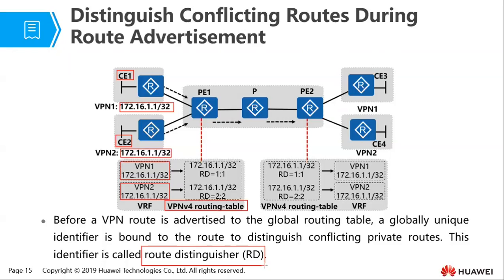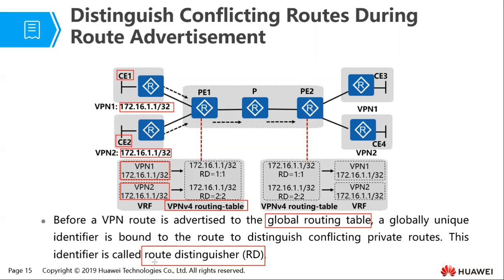Before a VPN route is advertised to the global routing table, how do we differentiate these two routes, when they are actually the same address from different VPNs? How do we advertise them in the global routing table?